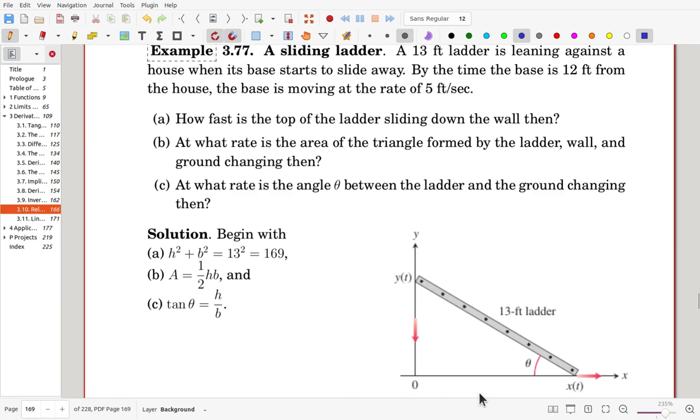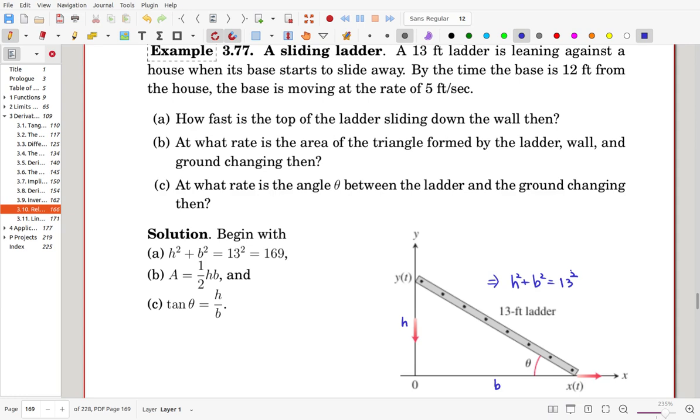Now, this is always 13. As in this figure, you can use that position as x, that position as y. But rather than x and y, you can use here b for the base, and this is the height h. Then, from the Pythagorean theorem, we always have h squared plus b squared equals 13 squared.